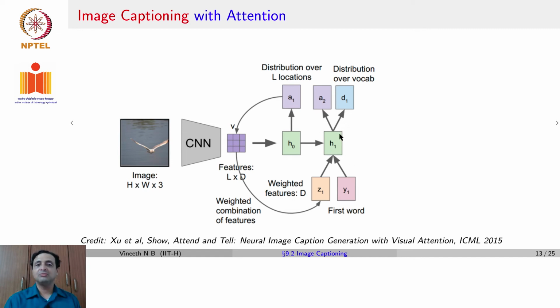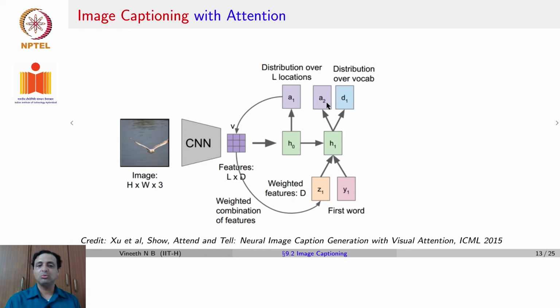Now H1, which is the next hidden state of the next time step in the RNN, gives us two outputs. It gives us A2, which is once again a distribution over L locations, as well as D1, which is a distribution over vocabulary, which tells us what is the predicted word.